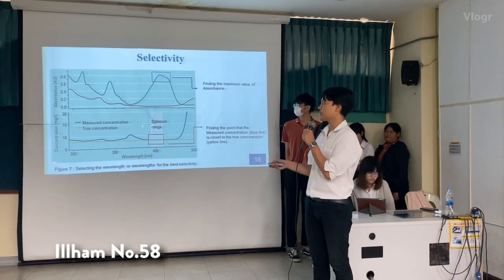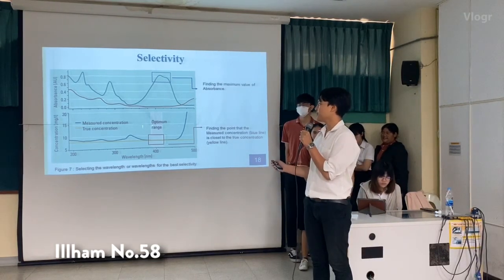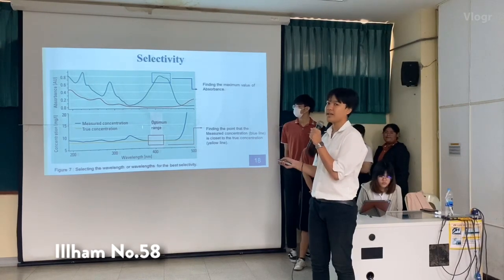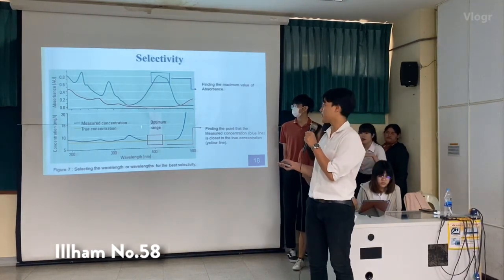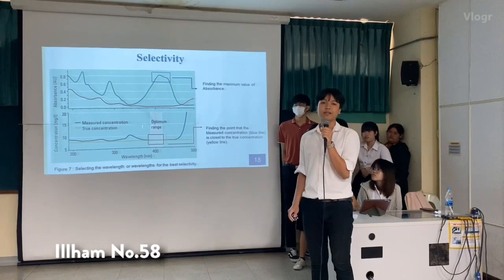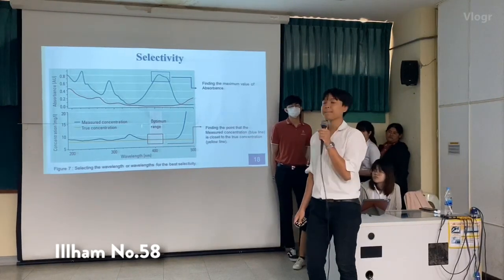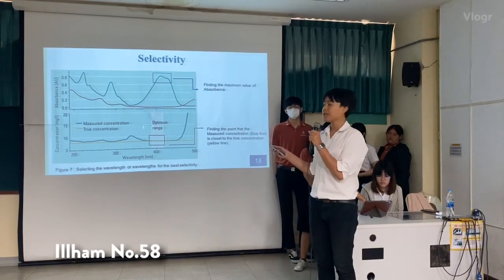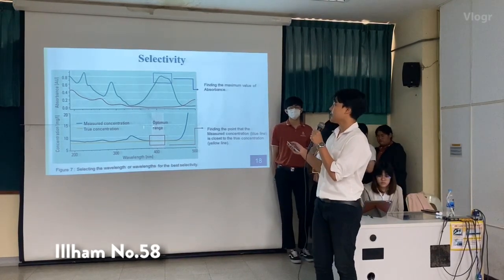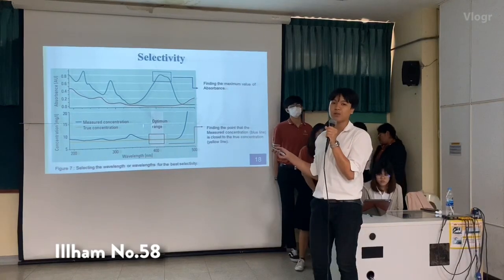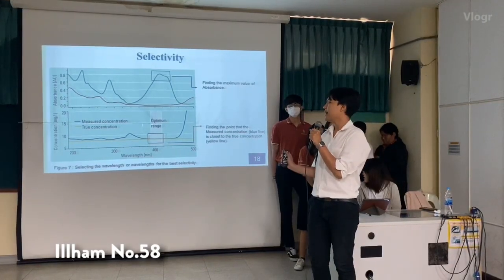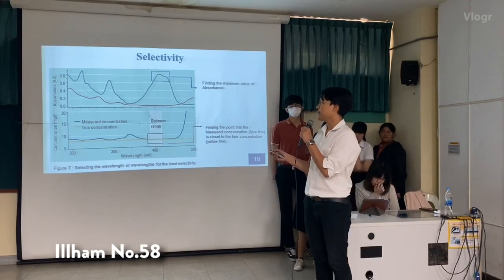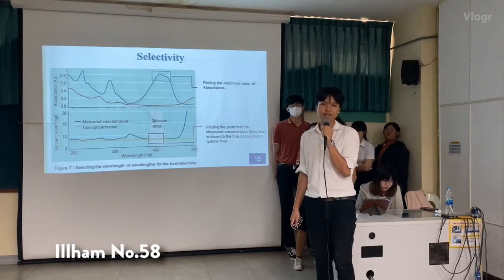The plot of concentration and wavelength shows that the wavelength between 390 nanometers and 420 nanometers likely yields the best selectivity due to a maximum value of absorbance, which is the green line, and the interference absorbing only a small amount, which is the red line. And most importantly, the measured concentration gets closest to the true concentration.